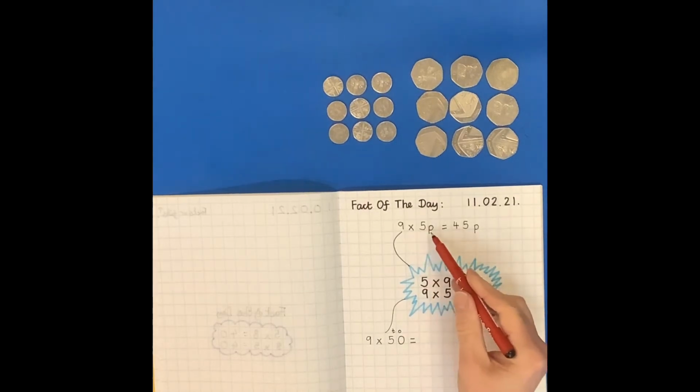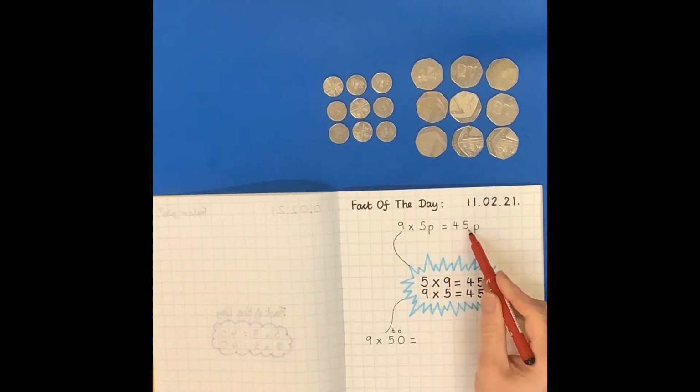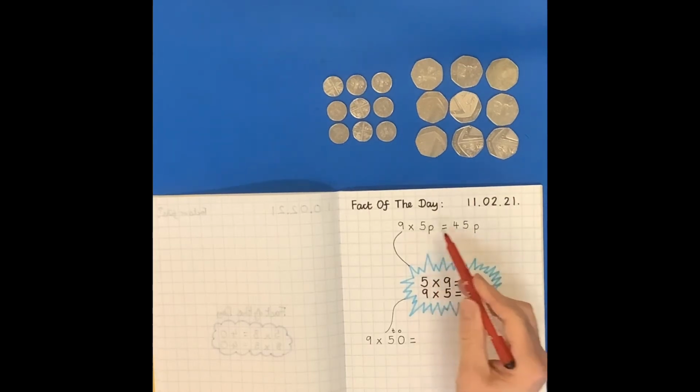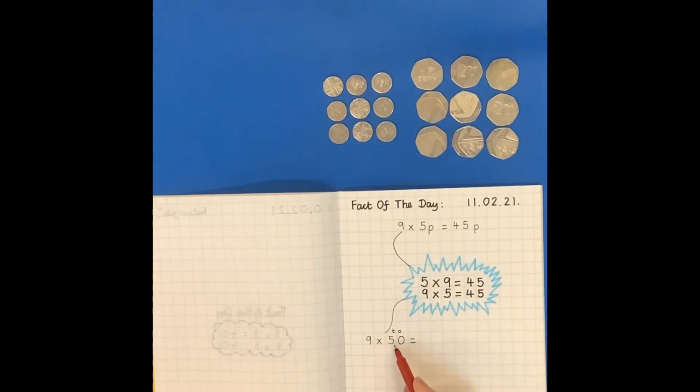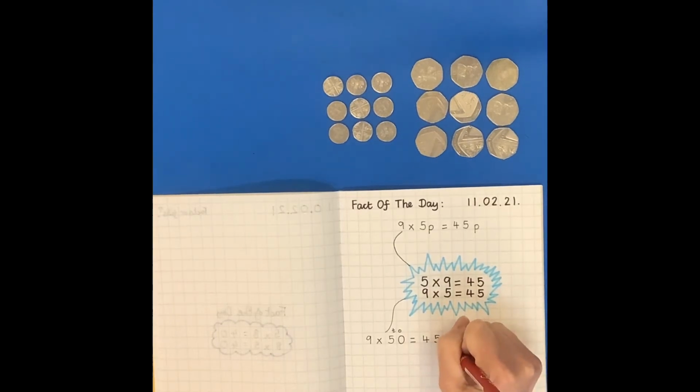So if 9 times 5 is 45, when we're talking about 9 times 5 ones is 45 ones, 9 times 5 tens must be 45 tens. How do we write 45 tens? 45 times 10 is 450.